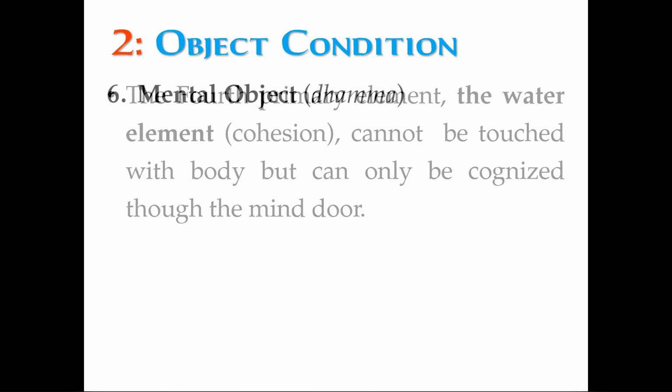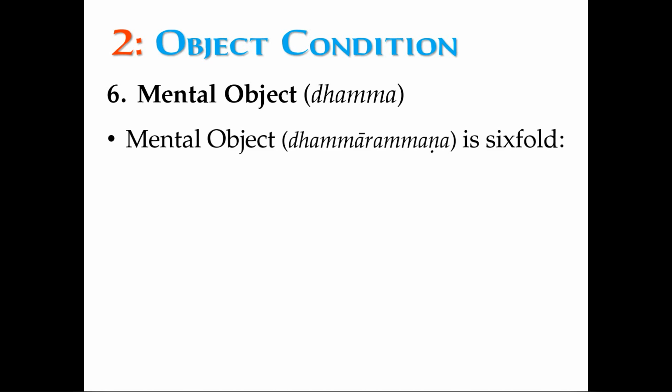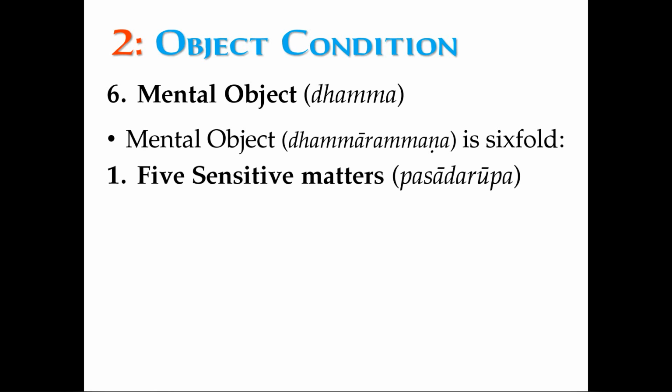And the last one, mental object or the object of the mind. Everything apart from the previous ones is called mental object. Mental object is sixfold. 5 sensitive matters, pasada rupa.